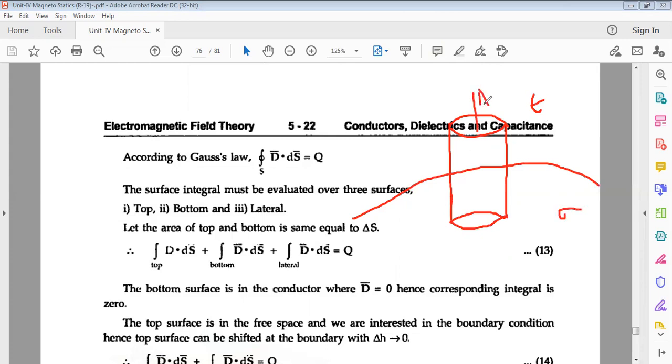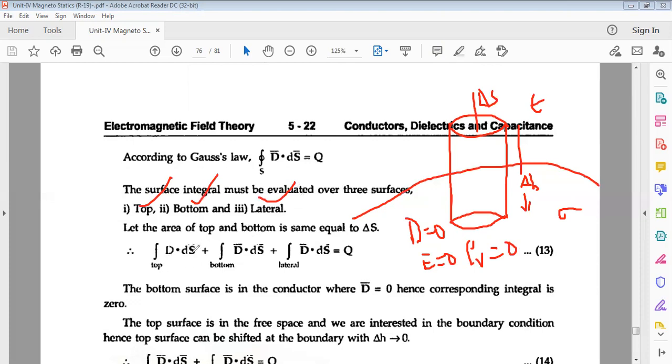Here the surface is delta s and the height is delta h. There is a top, the lateral side and the bottom. The bottom is in the conductor and the top is in the dielectric. We know in the conductor D is 0 and E is also 0, and the charge density rho v is also 0. The surface integral must be evaluated over the three surfaces: one is the top, one is the bottom, and the lateral side.